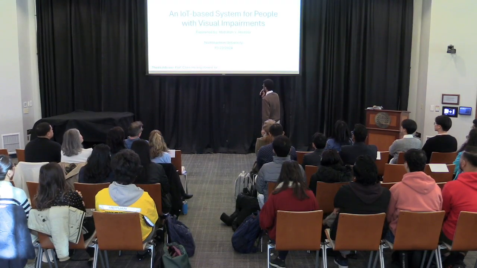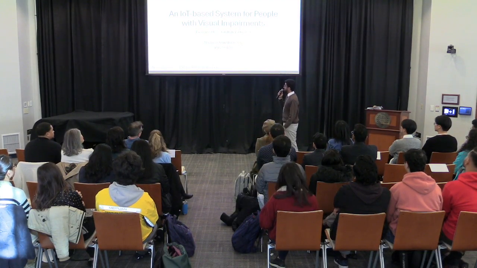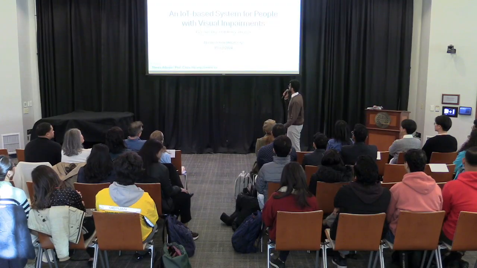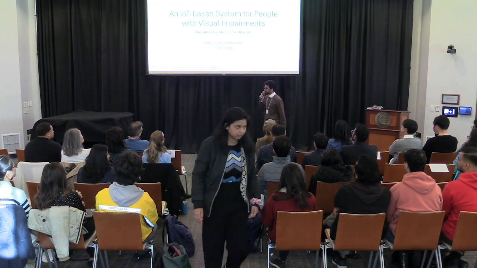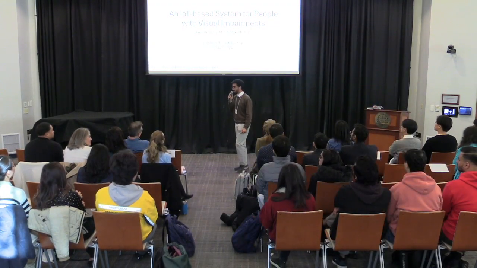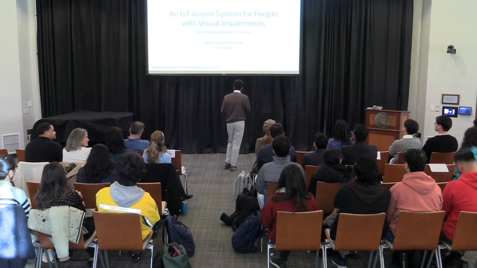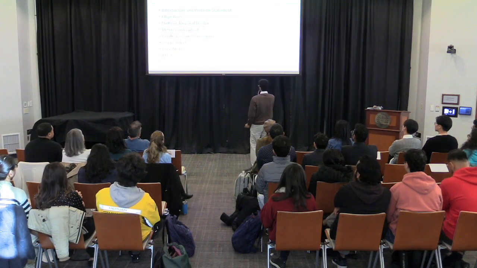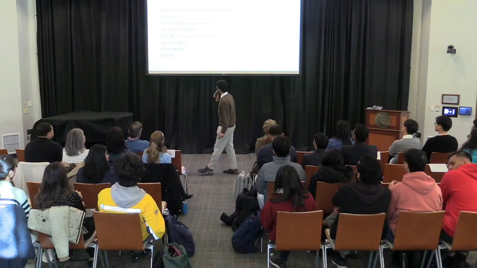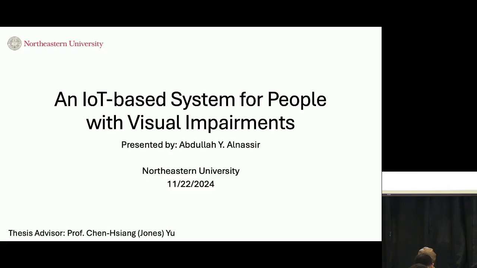So, the device I'm going to present to you today is an IoT-based system that works to help and assist people with visual impairments. We're going to go through some points. I don't want to read them because it's boring, I know.